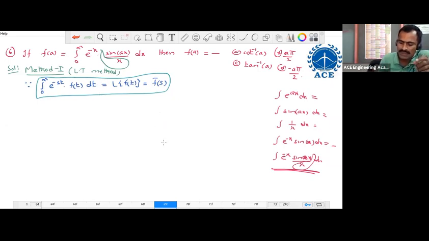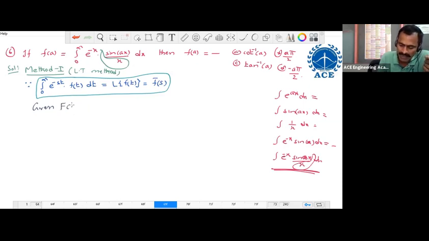Okay, let us write our given integral. Given f of a equal to, let us write this as capital F of a without any confusion.